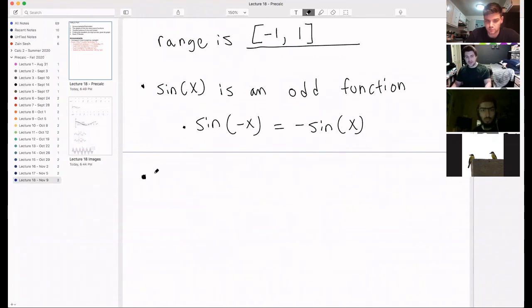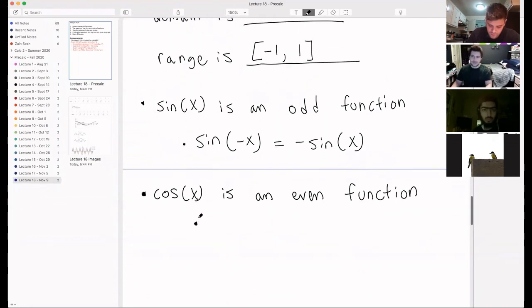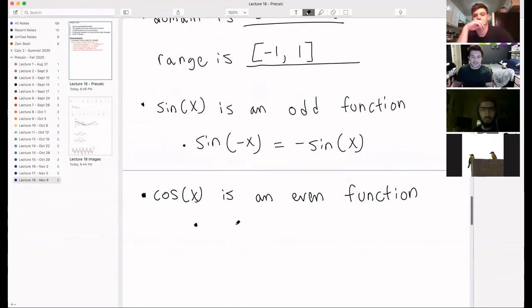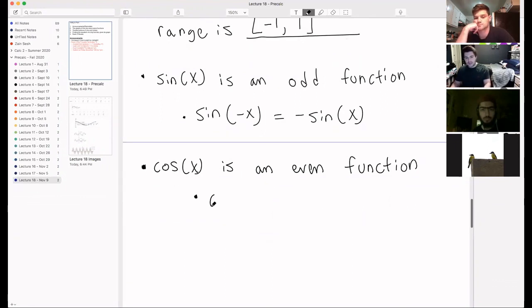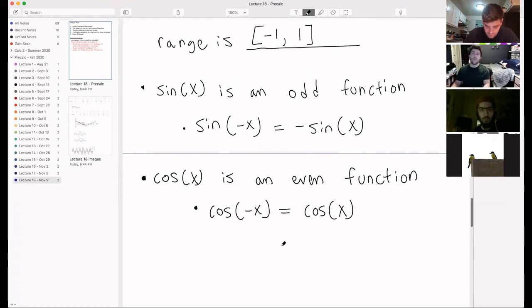And how about cosine? Well, cosine is even nicer. Cosine is an even function. So it's so beautiful. And what does this mean now? So let's think back to our days when we did even and odd functions. Well, this just means that cosine of -x is the same as evaluating at cosine of x itself. And the graphical interpretation of this is that it's symmetric about the y-axis.